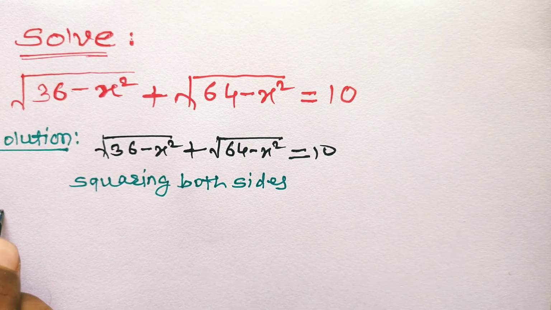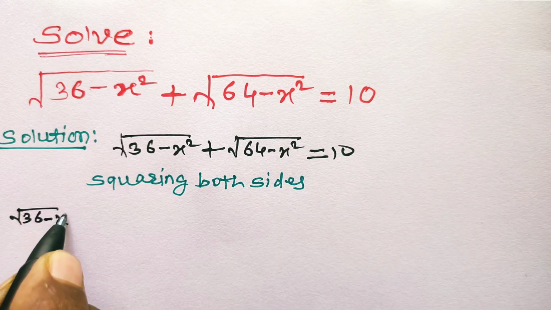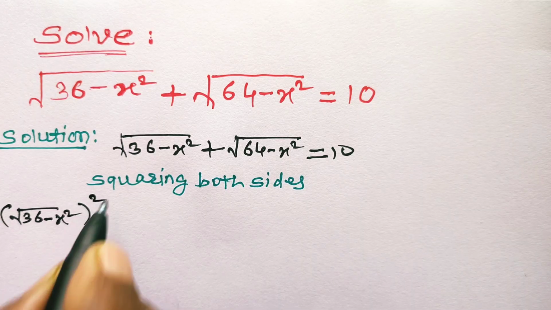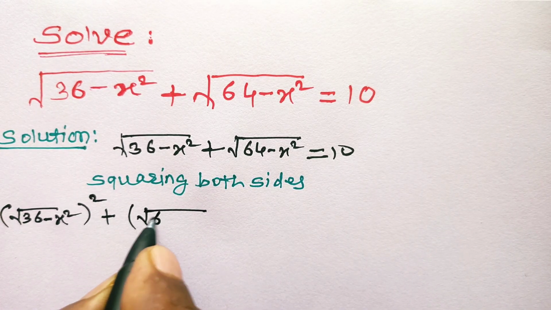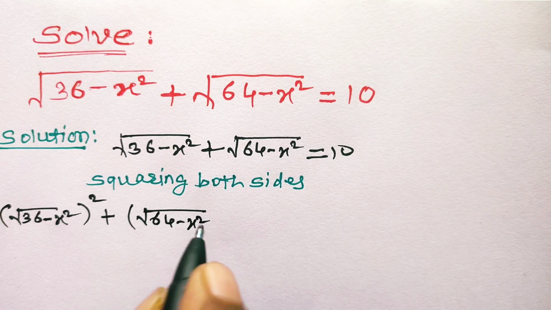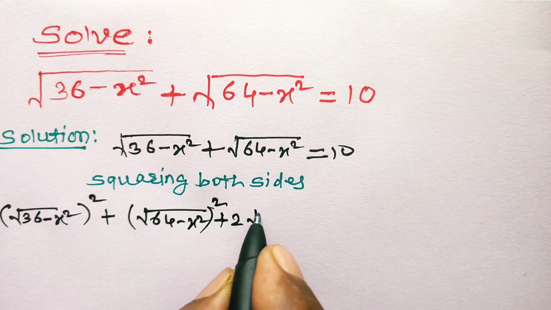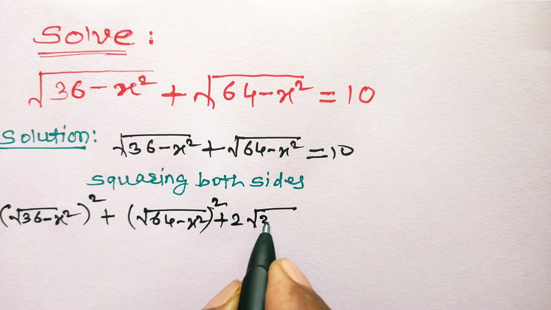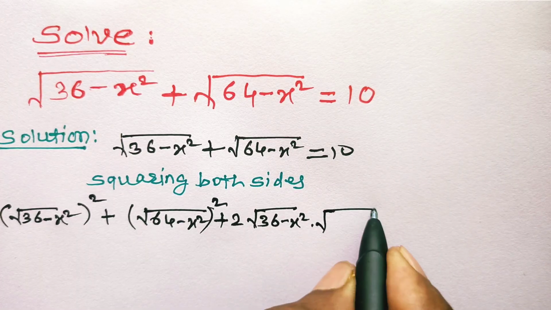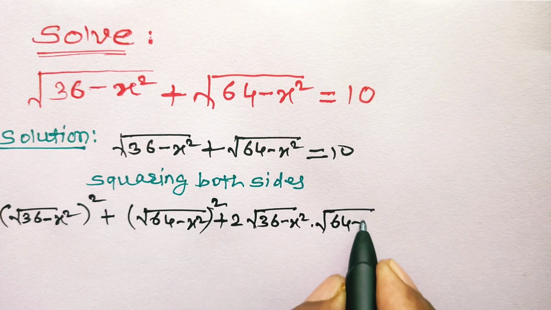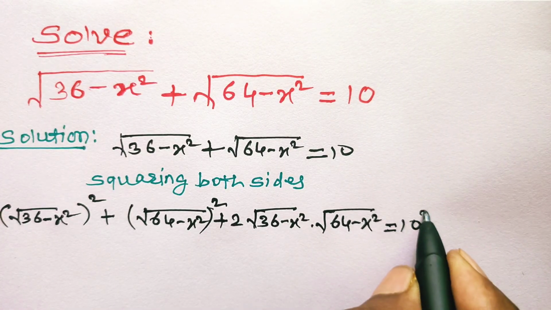Left hand side, square root of 36 minus x square its square plus square root of 64 minus x square its square, plus 2 times square root of 36 minus x square into square root of 64 minus x square, and this is equal to 10 square.